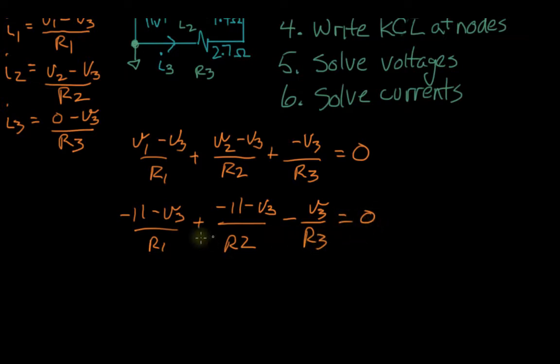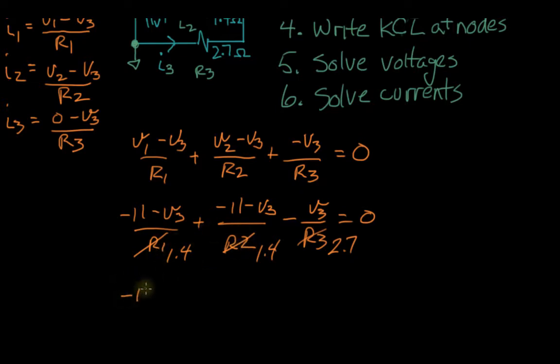Since we're putting numbers in, let me put in the numbers for the resistors. R1 is 1.4 ohms, R2 is 1.4 ohms, and R3 is 2.7 ohms. And to simplify this a little bit, I'm going to multiply through this equation by 1.4, and that'll clear out R1 and R2.